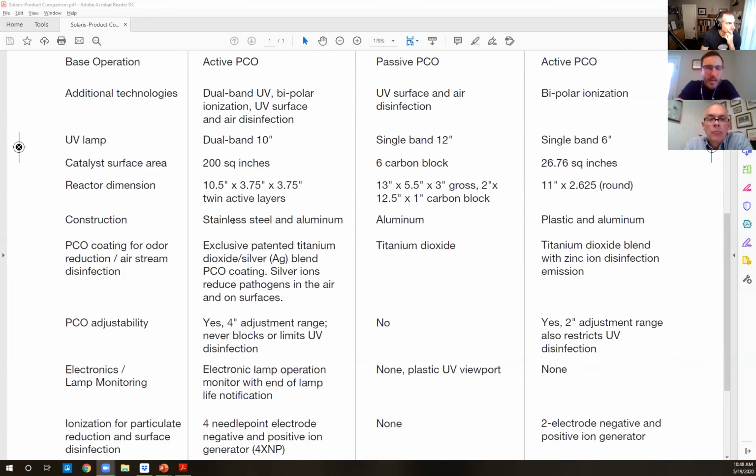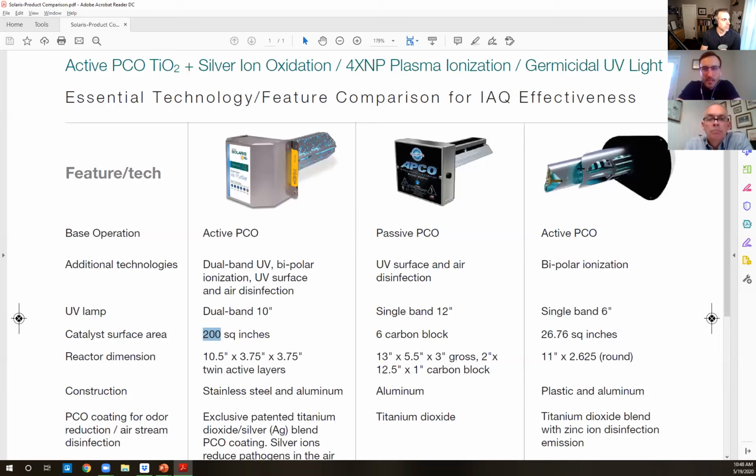Catalyst surface and reactor dimension is basically referring to the amount of area that titanium dioxide PCO takes place on. We have 200 square inches. They have 26.76 square inches that it can take place on. And you can see how small theirs is compared to ours.